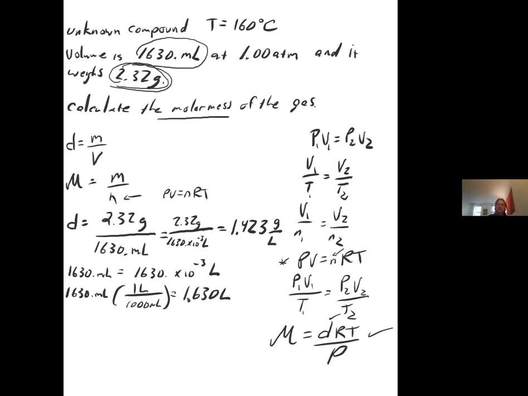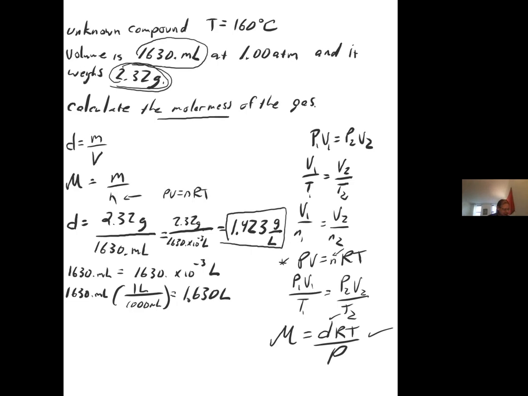Okay, all right. So that seems right. Let me just make sure I didn't write one of the numbers wrong. Nope, I got it right. So there is our volume, and then there's our density. So you've got your density right there, 1.423 grams per liter.